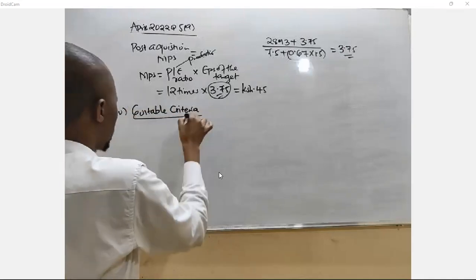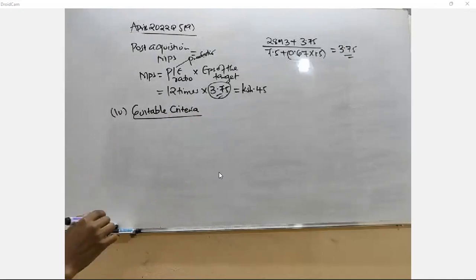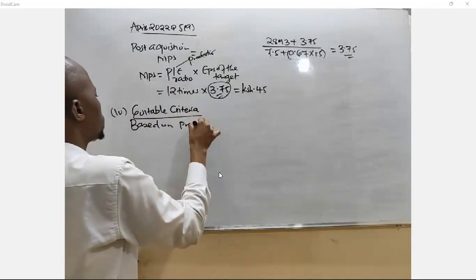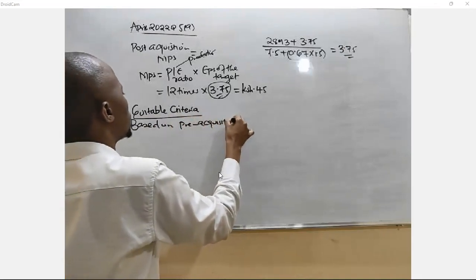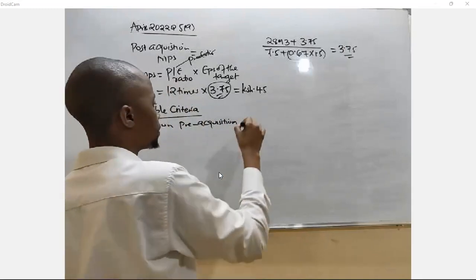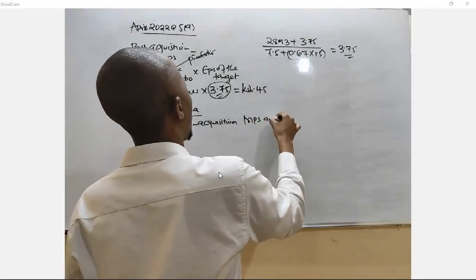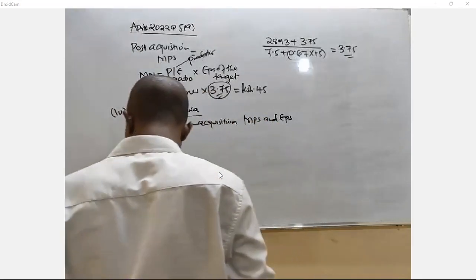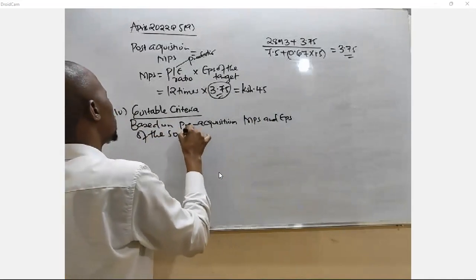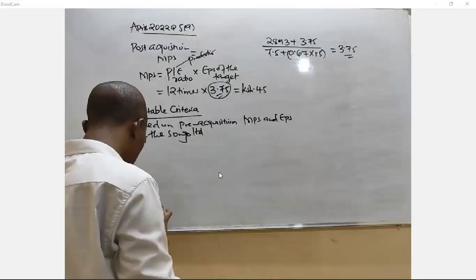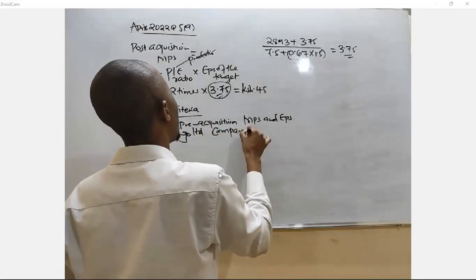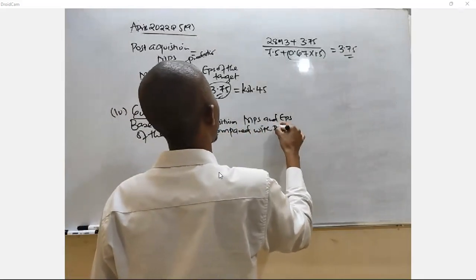The suitable criteria is basically based on the pre-acquisition market price per share and earning per share of Songo Limited, compared with the post-acquisition.